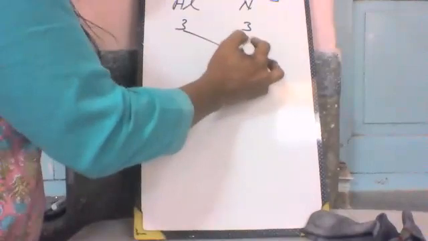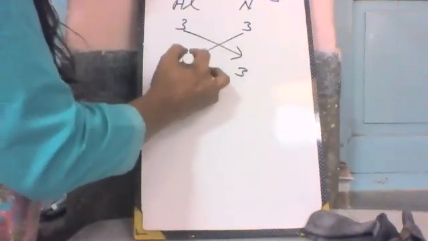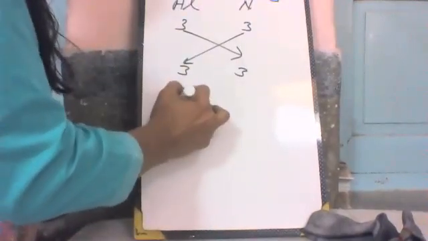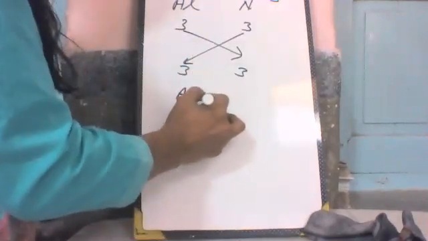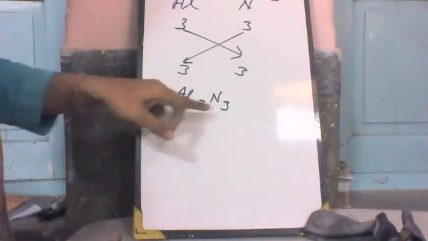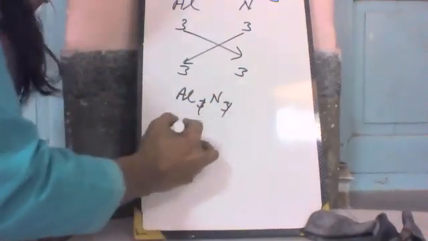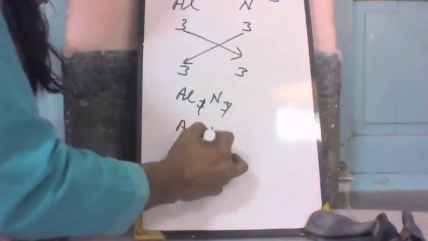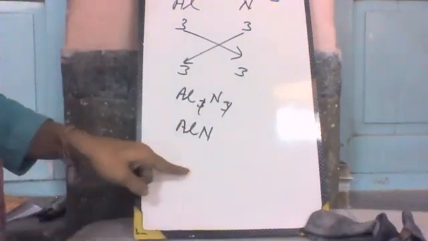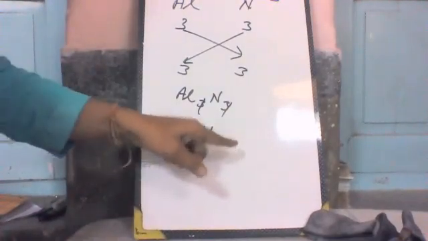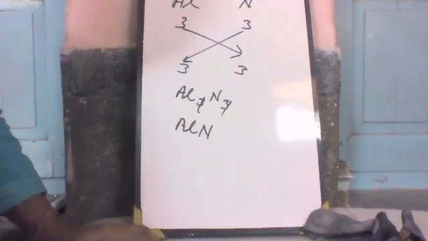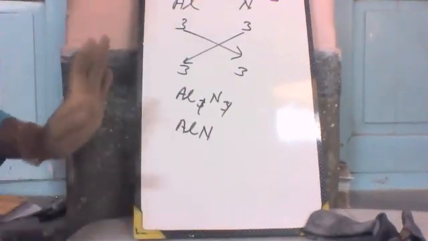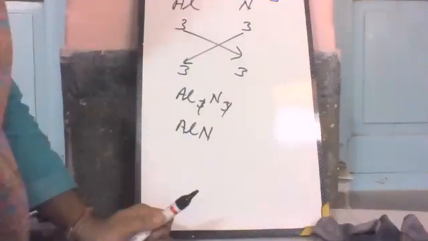Write the valency at the bottom, interchange the valency, and this 3 is for the aluminium and this 3 is for the nitride. This 3 and 3 will cancel by 1 and 1 and the formula is AlN. This is the formula for aluminium nitride. So many examples we can take. Can you do this?